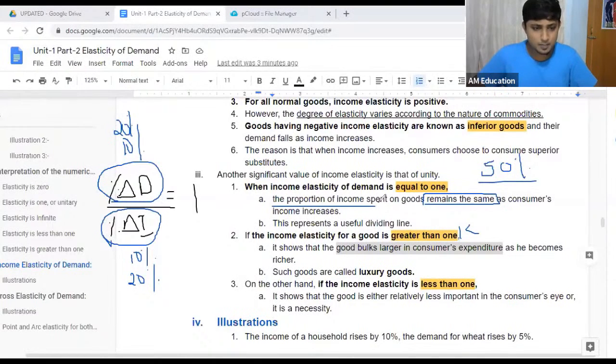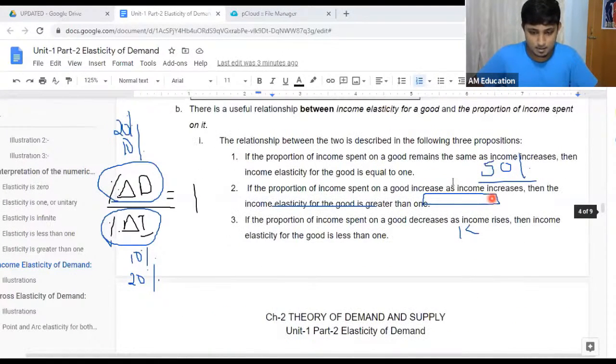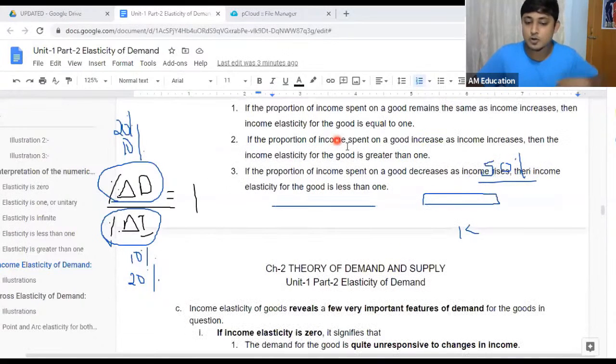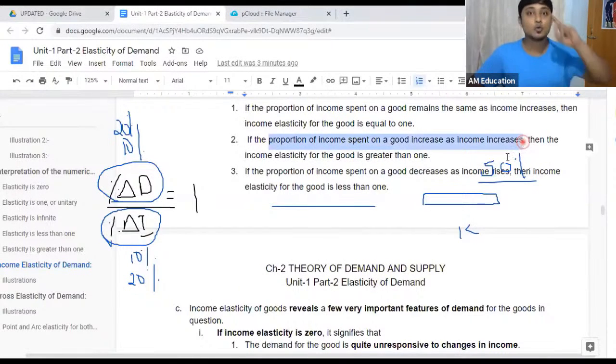You guys remember what it meant in the previous thing? If the proportion of income spent on a good increases as income increases, then the income elasticity for the good is greater than 1. That means the proportion you spend on that good has increased from 50% to more than 50%, and the formula answer is more than 1.